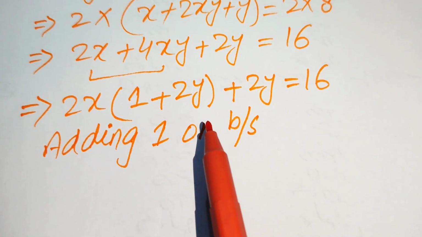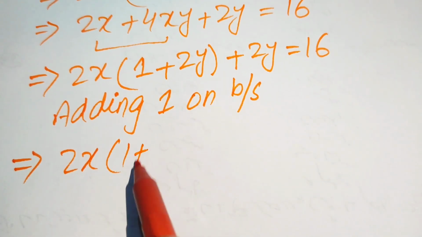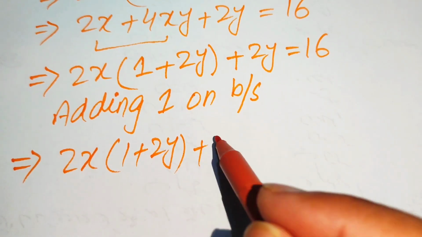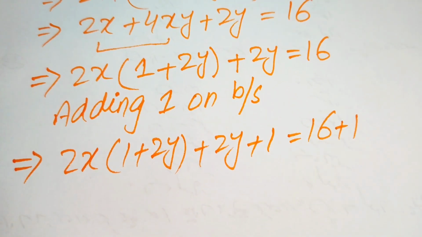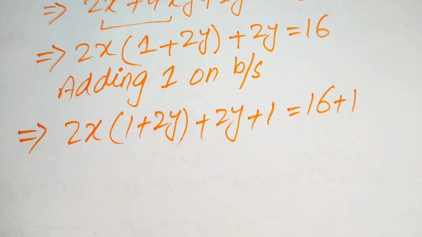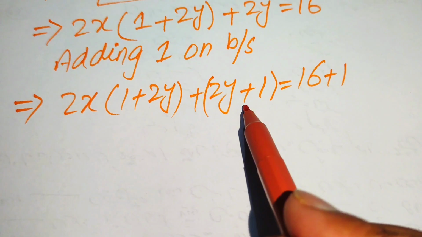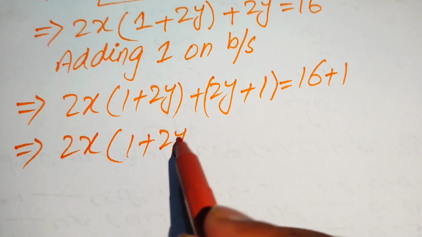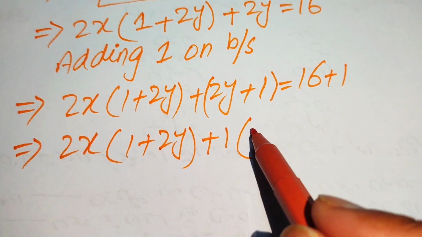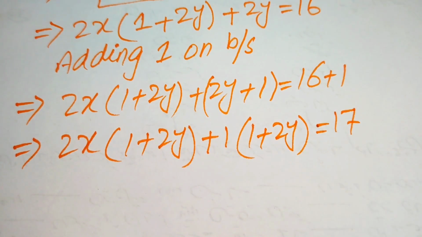So when we add 1 on both sides, it will be written in this form: 2x(1 + 2y) + 2y + 1 = 16 + 1. Now focus on these terms again: if you take 1 common from the last two terms, we write 2x(1 + 2y) + 1(1 + 2y) = 17.